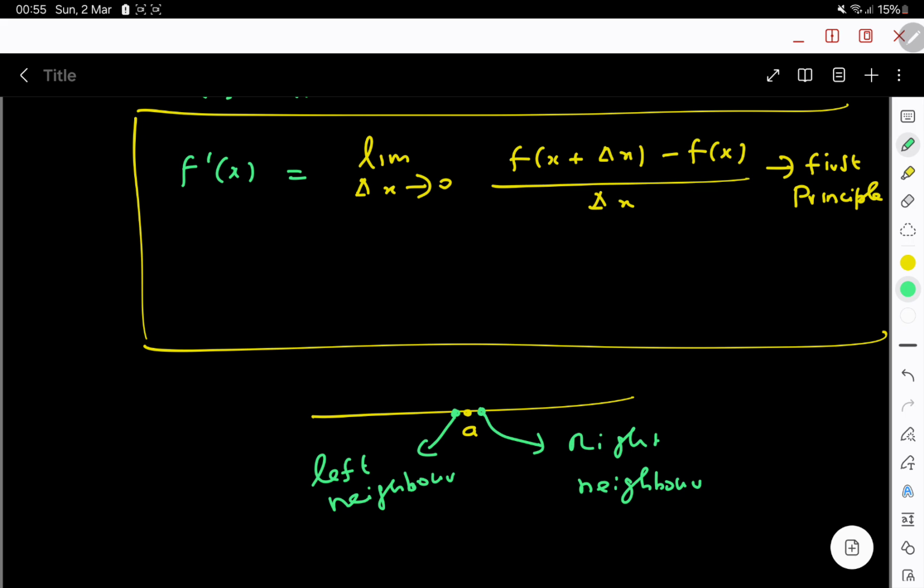If x approaches a from the left side, the derivative is called the left hand derivative. If x approaches a from the right side, that derivative is called the right hand derivative. Left hand derivative means x approaches a from the left, we find the derivative. Right hand derivative means x approaches from the right side of a, we find the derivative.